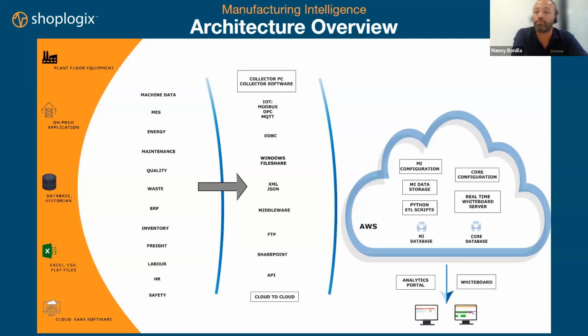They transform all the data into our manufacturing intelligence database so that it can be properly correlated to our core data. The transform means things like making sure the dates can be matched, the jobs can be matched, the shifts can be matched, the machines can be matched, and delivered out to your analytics portal and the whiteboard.